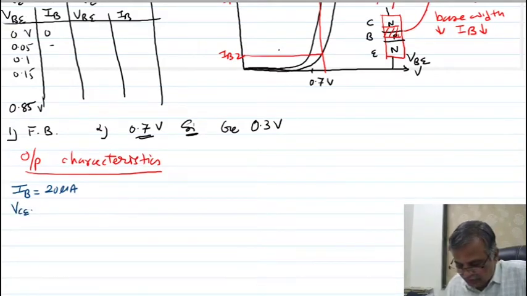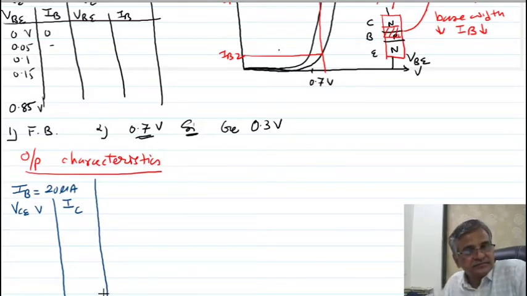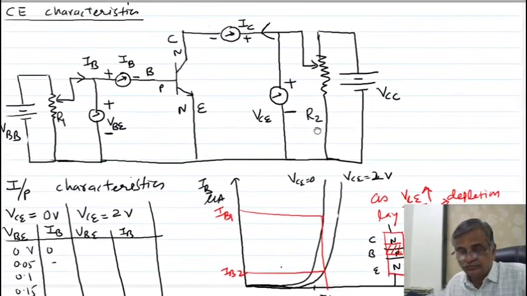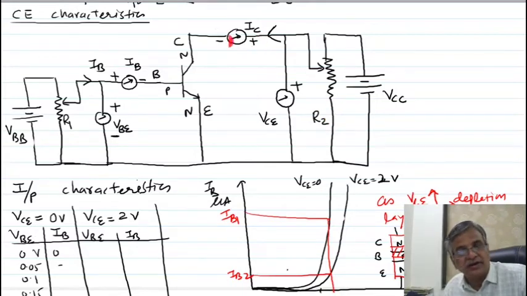Vary the collector voltage in a suitable step with the help of rheostat R2 and note down the corresponding value of the collector current.